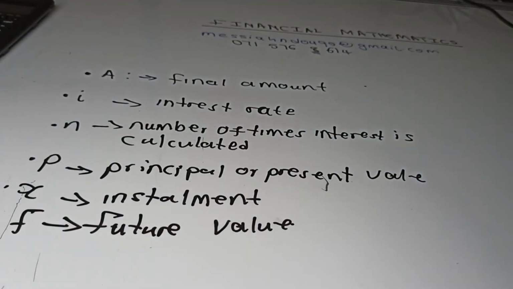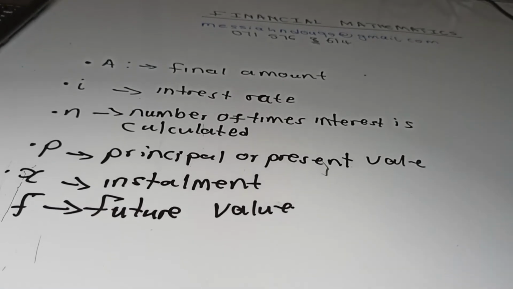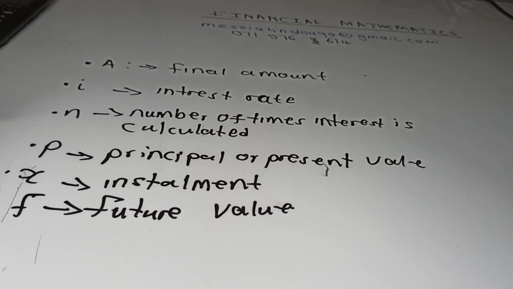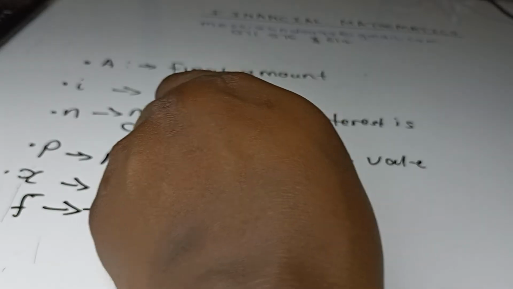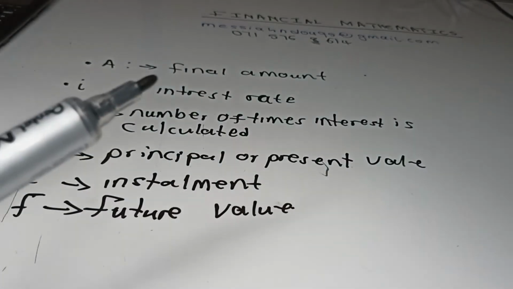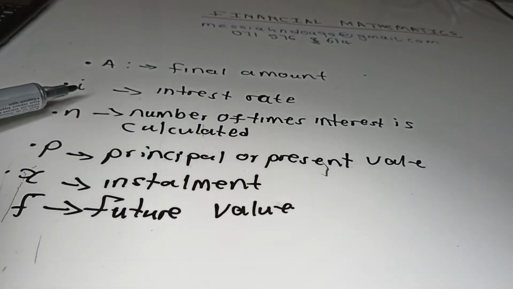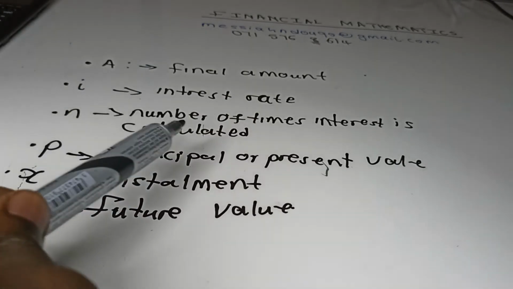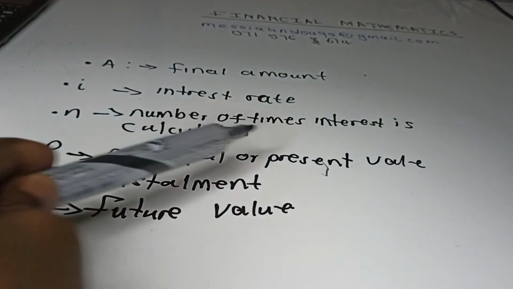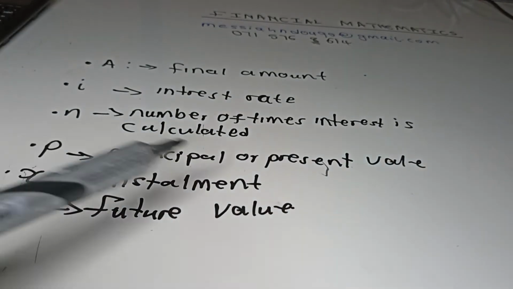That's it. So we use all these letters in financial mathematics, but obviously they're not going to indicate any of these symbols in your information or scenario. You'd be finding maybe an amount representing the final amount, such as the interest rate. They're not going to write the letter I or the letter N, but they will show you the period, the number of times interest is calculated.